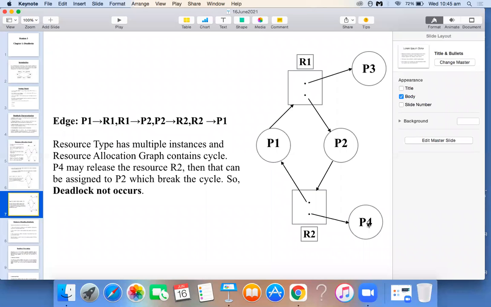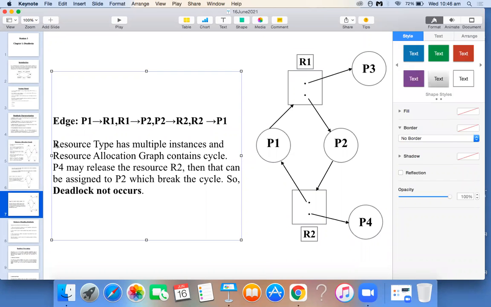So whenever you have multiple instances of resources, even if you get a cycle in the graph, deadlock may not exist in your system. That's what this particular diagram is trying to tell.